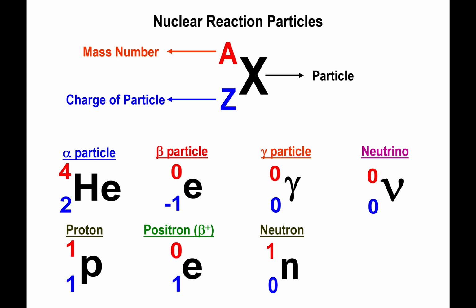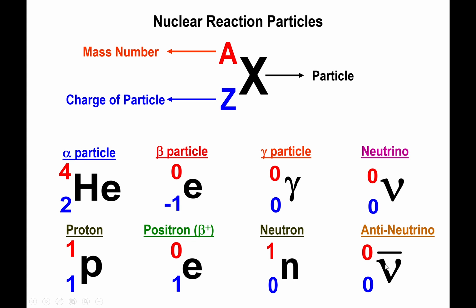There's another particle that I'm going to highlight in this lecture, which is known as the neutrino. The neutrino has no mass, so the mass number is 0, and it also has no charge, so the number in the left corner is also 0. And the neutrino has its own antiparticle known as the antineutrino. And the only thing that we use to differentiate them from each other, because they don't have mass and they don't have charge, is this bar on top.